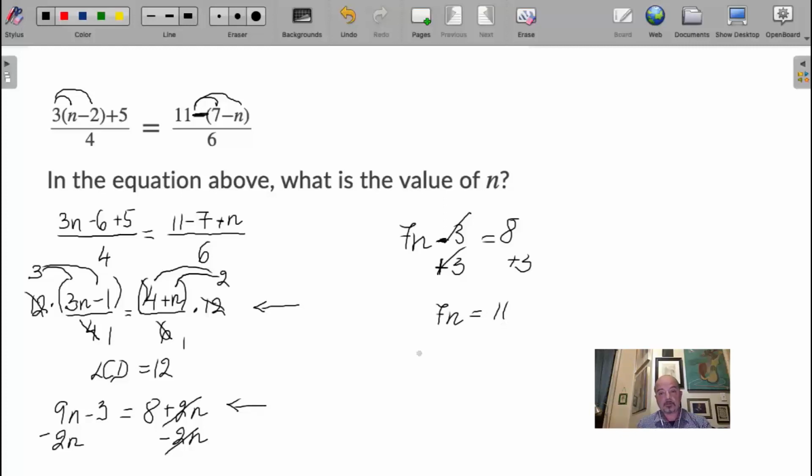At this point, to solve for n, to isolate the n, since 7n means 7 times n, I will perform the inverse operation and divide both sides by 7. The 7s will cancel on the left-hand side, and we obtain the final solution, n is equal to 11 over 7.